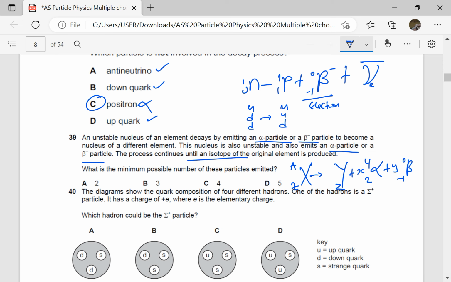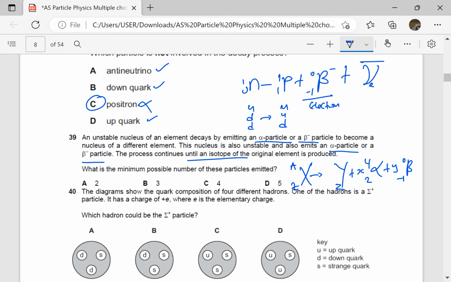If it emits only alpha particles, it means the proton number goes on decreasing. If it emits only beta particles, it means the proton number goes on increasing. Therefore, it must emit a mixture of alpha particles and beta particles in order to go back, because the alpha particle reduces the proton number, yet the beta particle increases the proton number.